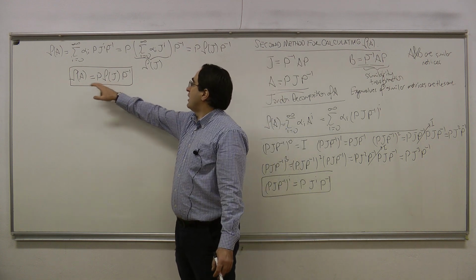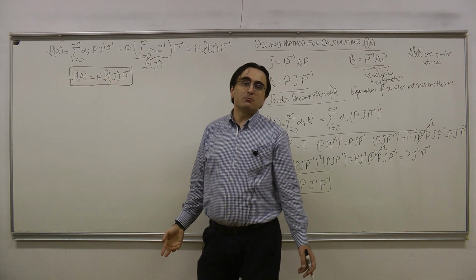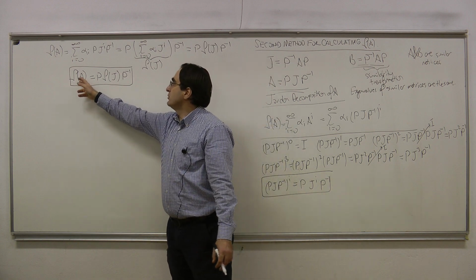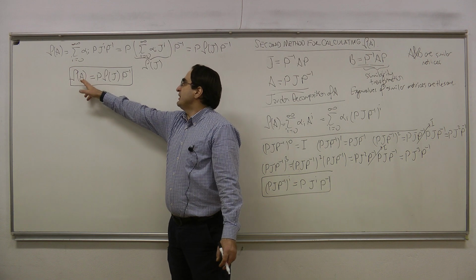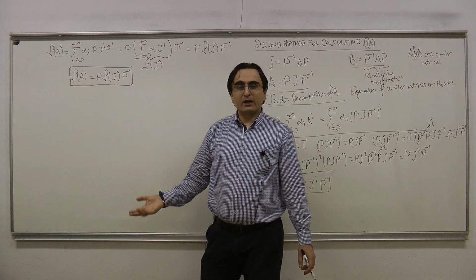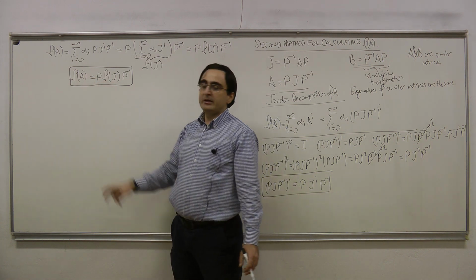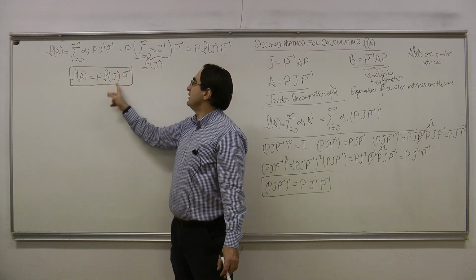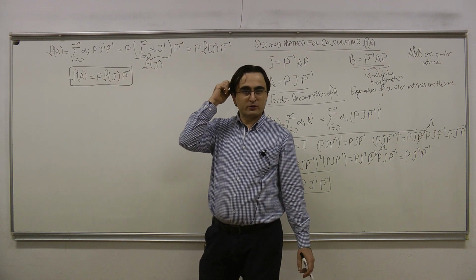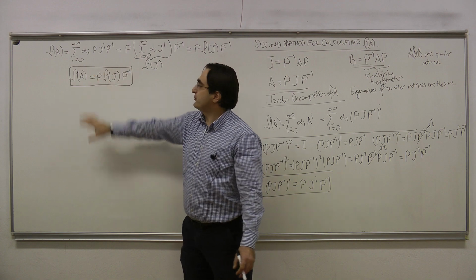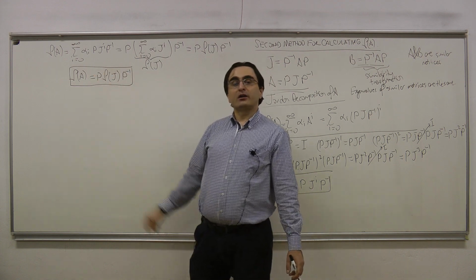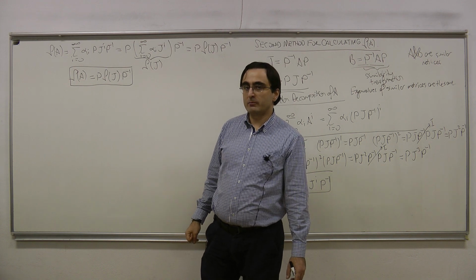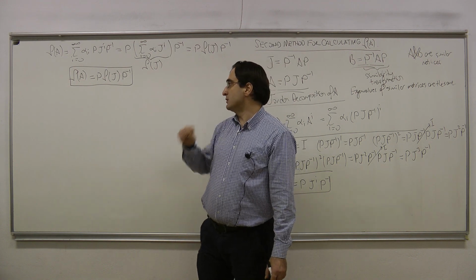That means that calculating f of J might be much easier than calculating the function f of A. So when we get a matrix A, what we can do is to calculate J and P and then take the same function of the Jordan canonical form and use this formula to calculate f of A. So this is an indirect way of calculating the function of a matrix using its Jordan canonical form.